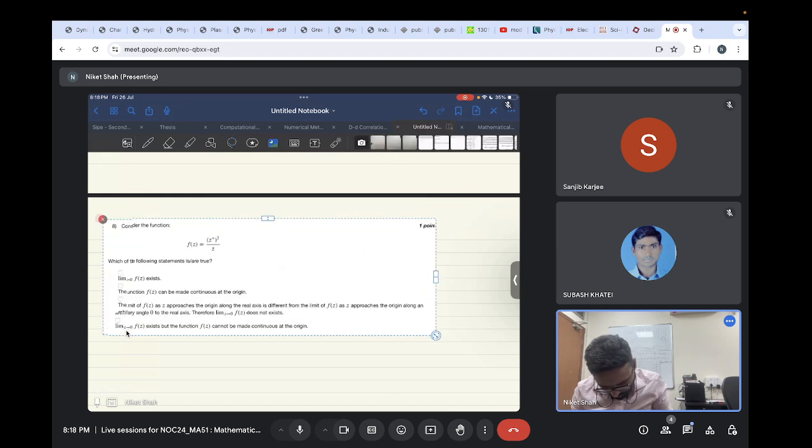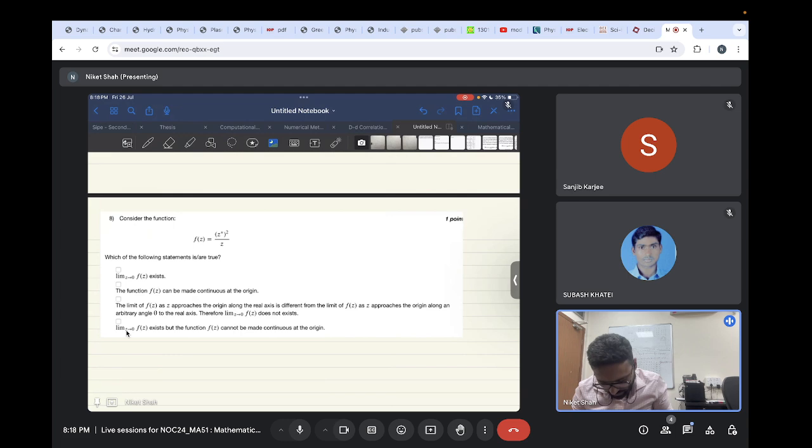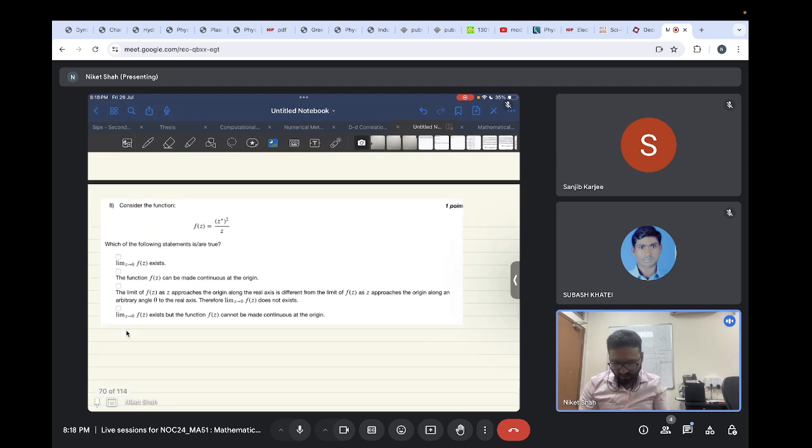So this is the question. Consider the function. This function is slightly different. There is z star square in the numerator and z in the denominator. And the question is, which of the following statements is or are true? Multiple choice again. Limit z tends to 0, f of z exists.